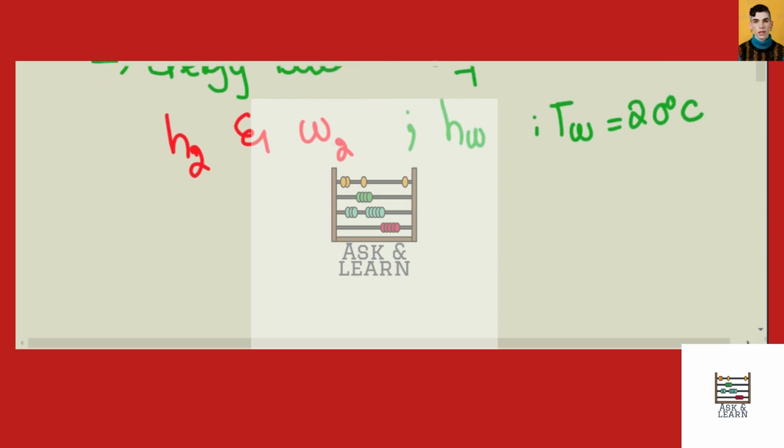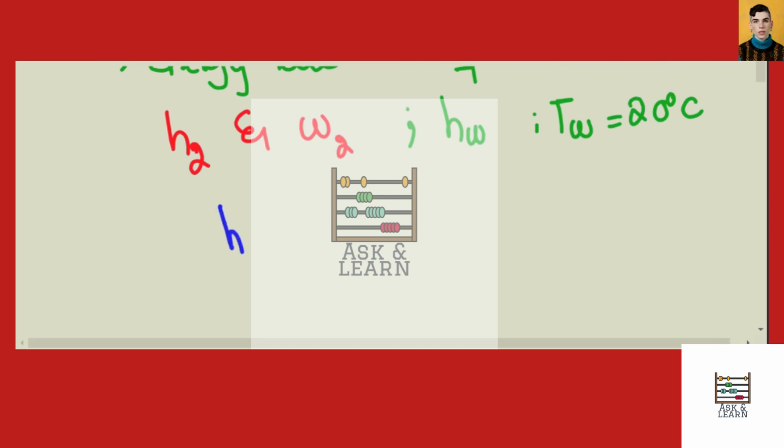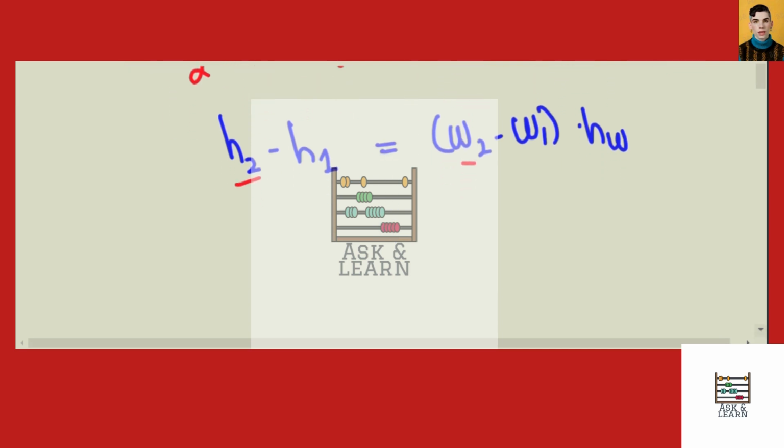So let's take a look at the energy balance equation. On the left hand side we have the difference of the enthalpies, right? And on the right hand side we have the difference of the specific humidities times the enthalpy of water, right? So we need the value of this enthalpy and this specific humidity, right?